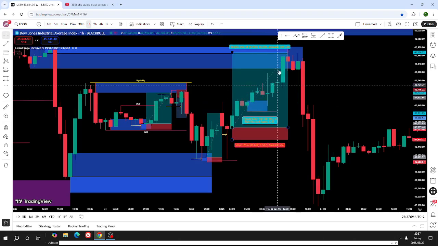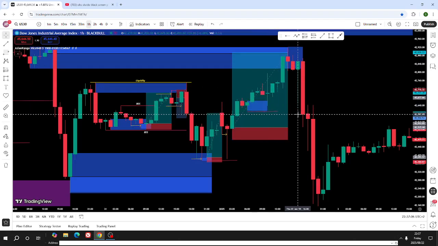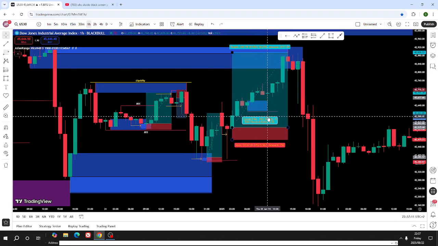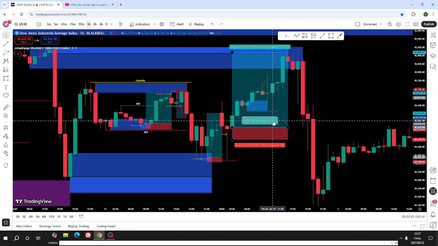After sweeping this low, it continues buying. Then you are out, unless you continue buying with it. But you can't keep on coming in the market, leaving the market, coming in the market, leaving the market. No, you can't trade like that. We need to only take one buy and then keep on monitoring the buy.